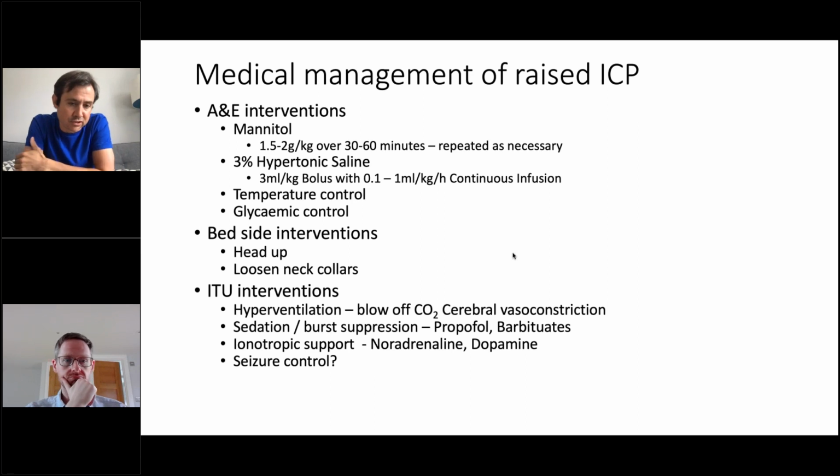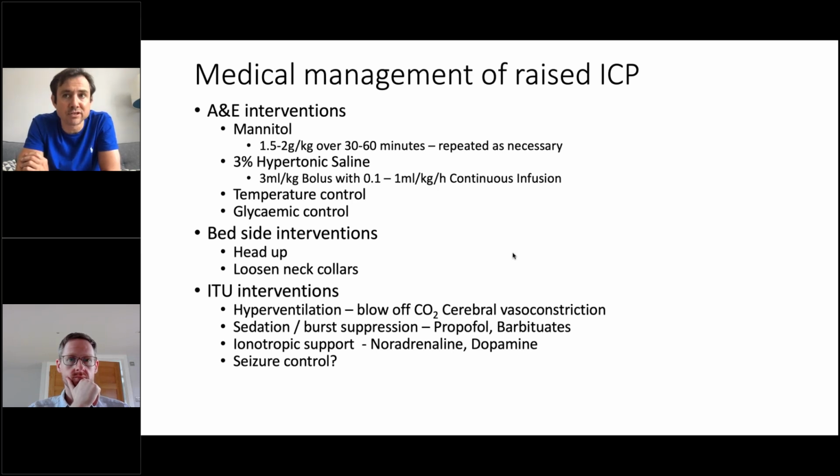And then the ITU interventions that, again, I don't know if you guys get involved with. As we know, we work with hyperventilation, blow off the CO2. Obviously, that has the risk of cerebral vasoconstriction, so you only have short hits with hyperventilation.